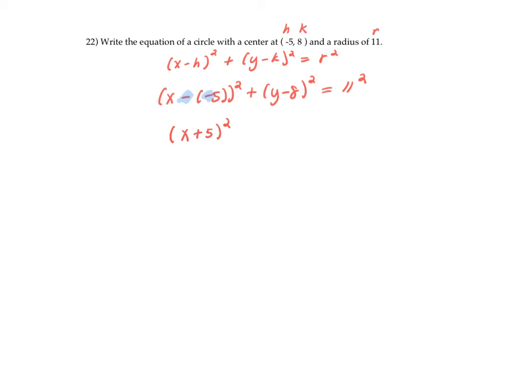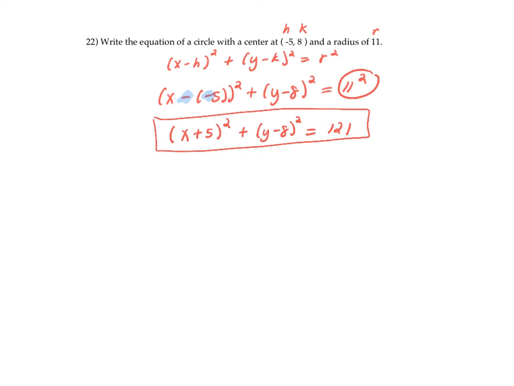Don't forget, though, that it's quantity squared. Without squaring it, it won't be a circle anymore. It'll be a different type of graph. Right? With the y's, we can leave that as y minus 8 quantity squared, but I would like you to square the 11 and write it as 121. So this is the equation of our circle with a center at -5, 8 and a radius of 11.